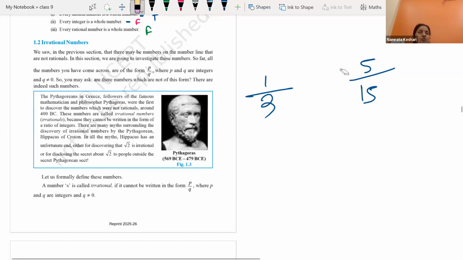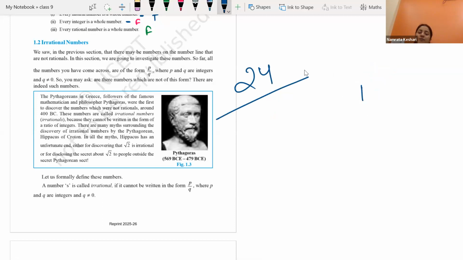So when in a fraction you multiply, or divide, the same number in the numerator and denominator, the fraction stays the same. Suppose you have 24 over 12 and you divide numerator and denominator by 3. In your rough part you will get 8 by 4, right? Right.